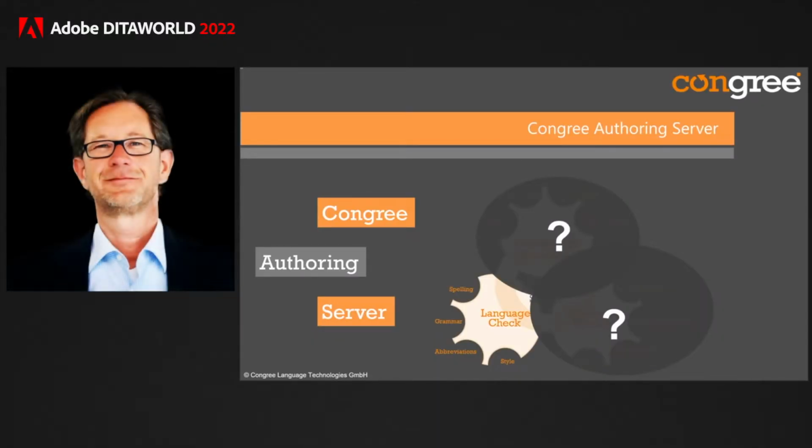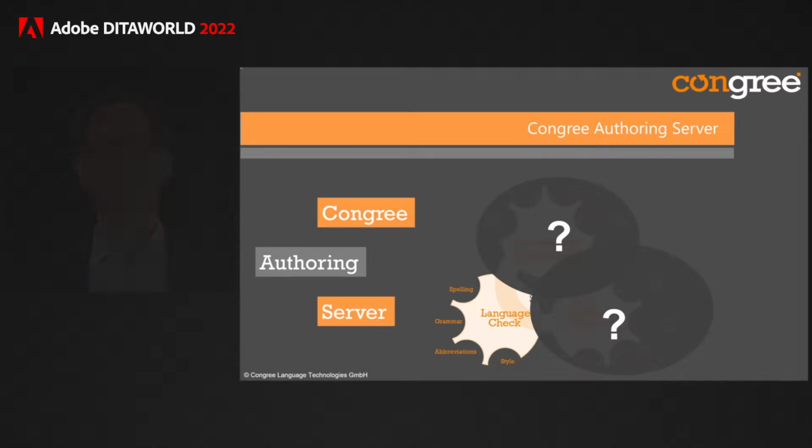It means that already existing style guides can be taken over and brought into what we call a linguistic rule set, and then on this basis, content will be checked and content creators will receive feedback if a style or a grammar rule has been violated, and if there is content which they created which is not aligned with their organization's style and grammar rules.